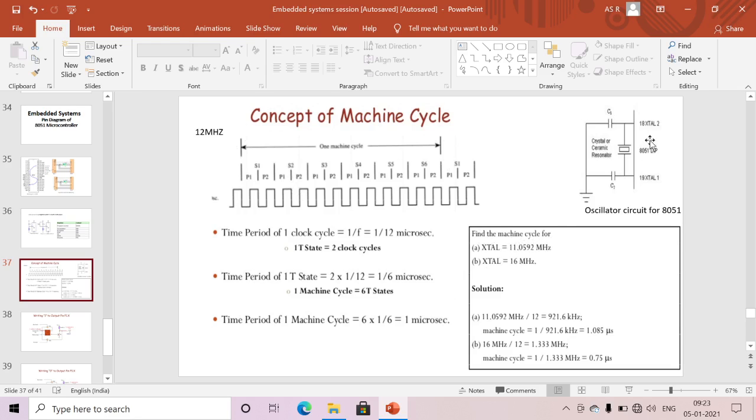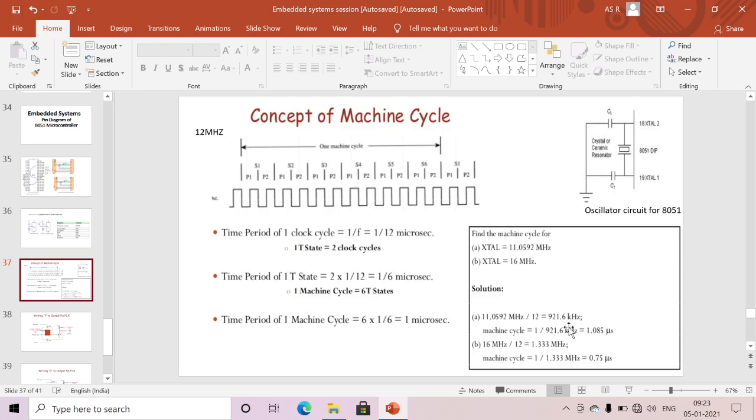Take 11.0592. If I am giving an external frequency of 11.0592 megahertz, how do we calculate the machine cycle easily? The frequency divided by 12: 11.0592 megahertz divided by 12, I will get 921.6 kilohertz. The machine cycle equals 1 divided by frequency, so I will get 1.085 microseconds.